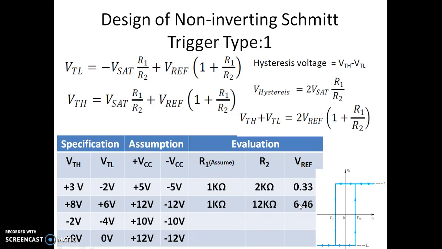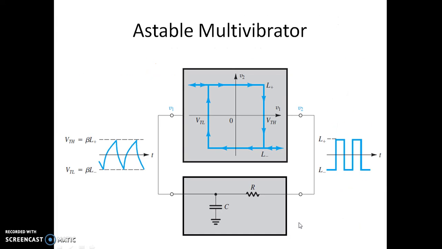Again, VTL and VTH are the lower and higher threshold voltages for the output to make a transition. Please keep in mind that the input voltage should always be greater than the magnitude of VTL or VTH, whichever is more.